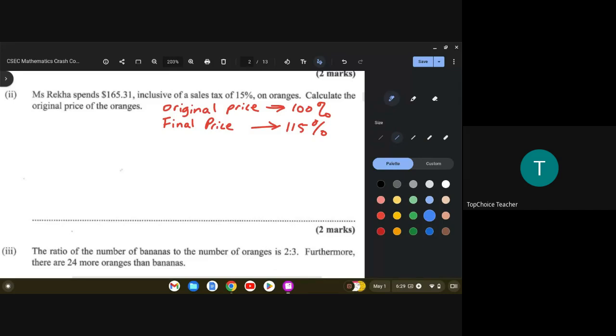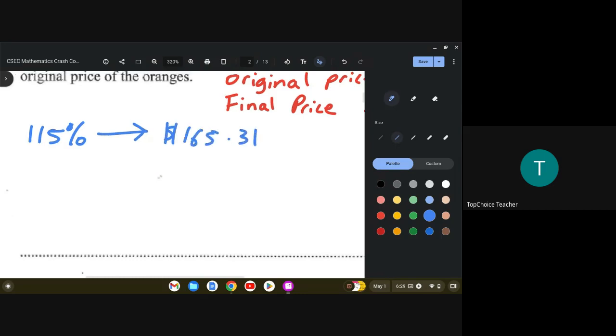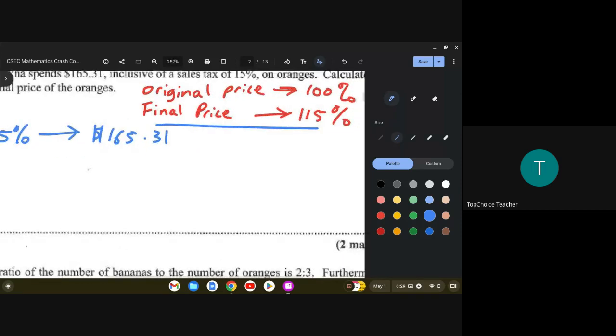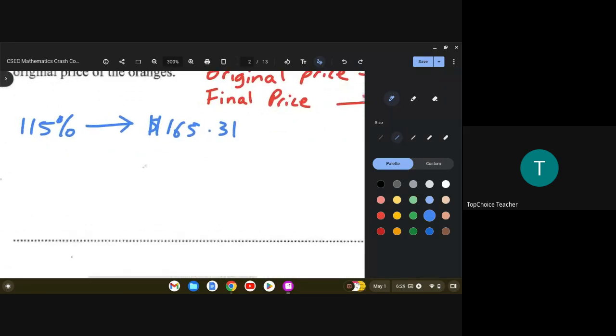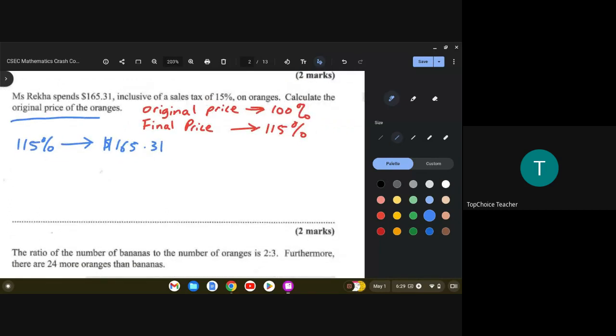So what I would do is, because I know 115% is basically equal to $165.31, because that's what we established. The final price is 115%, so I just wrote that back here. What we want to do is find the original price.